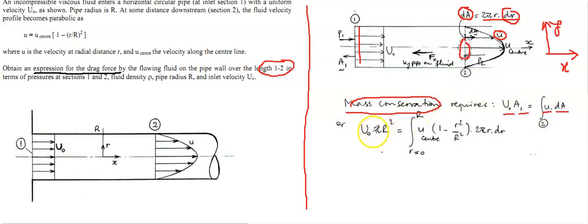Now look, u0 is the velocity, it is given, and the area for this section is pi capital R squared, because we know R is the pipe radius.